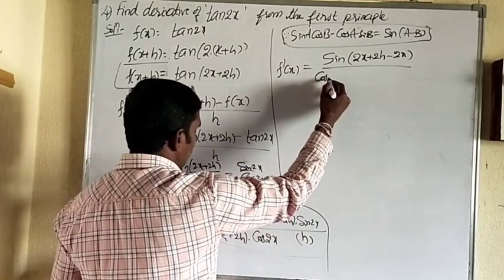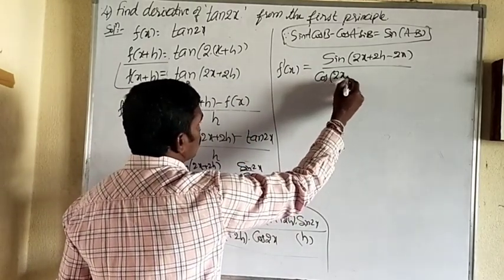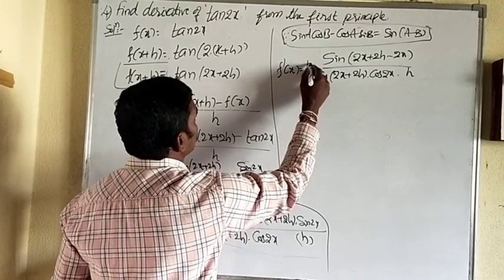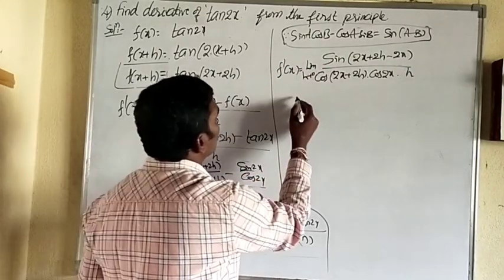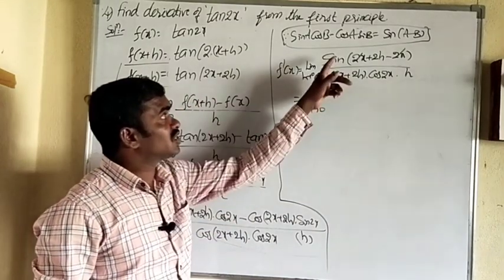What are the denominators? Cos of 2x plus 2h into cos 2x and into h. Sorry, I forgot to write the limit. Please write down limit h tends to 0 as it is. Now simplify this. Plus 2x minus 2x cancel. So limit h tends to 0, the numerator is only sin 2h.